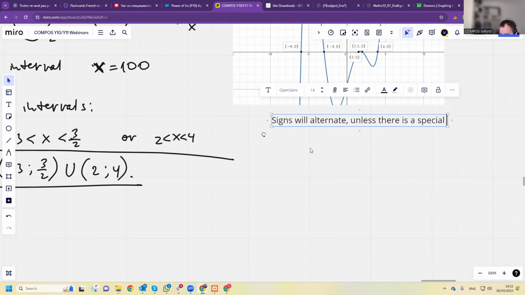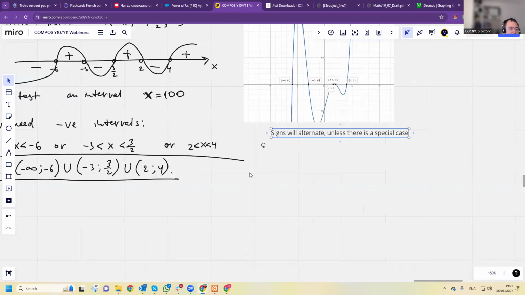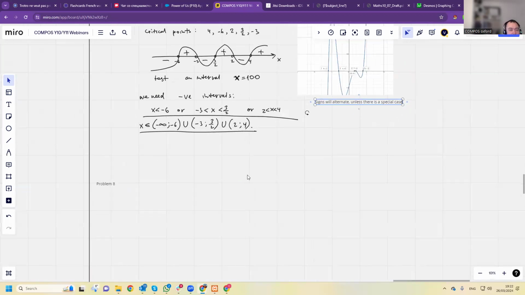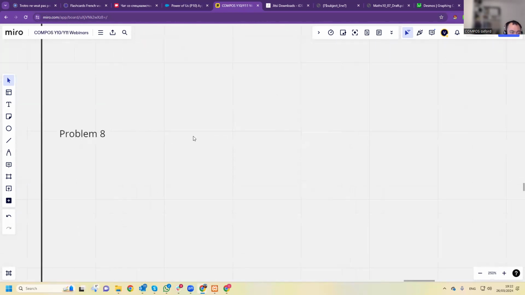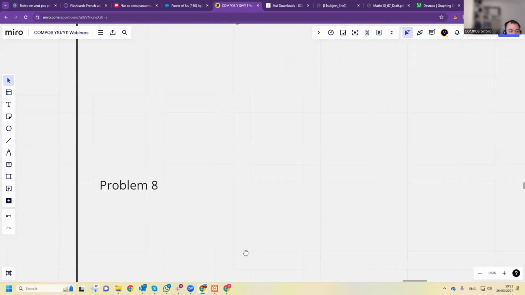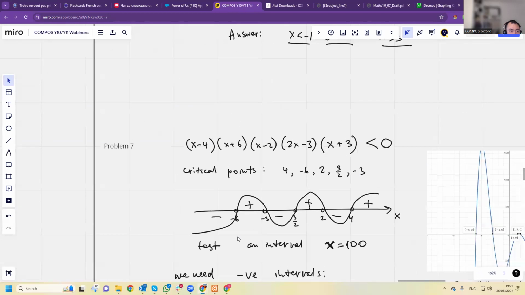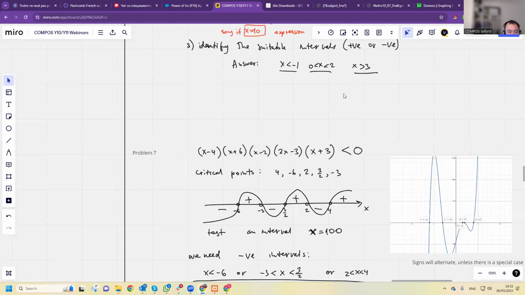Now, I just want to show you how to actually use it, because not all inequalities look like this.